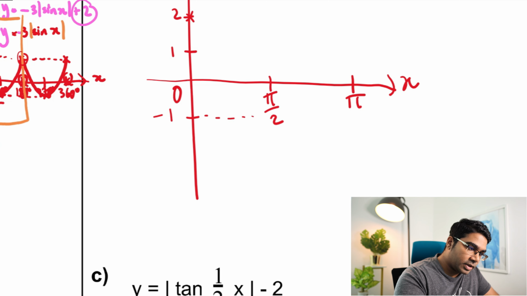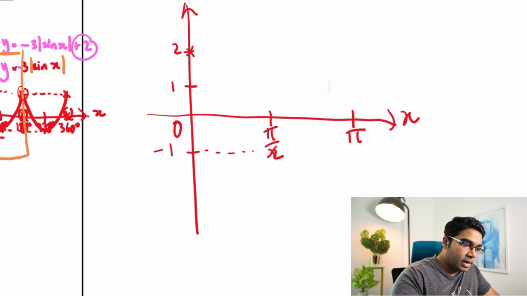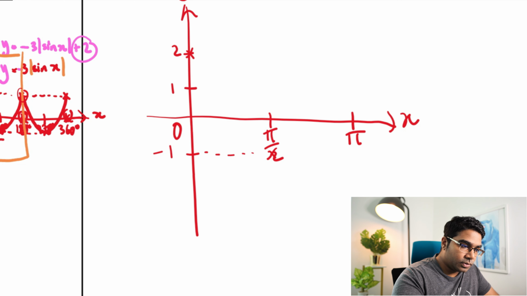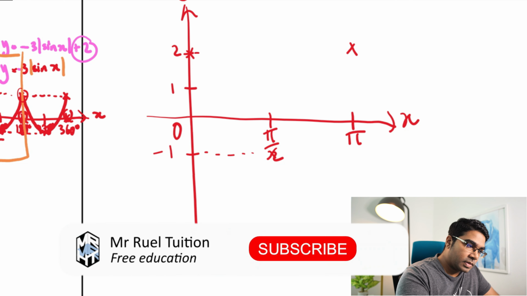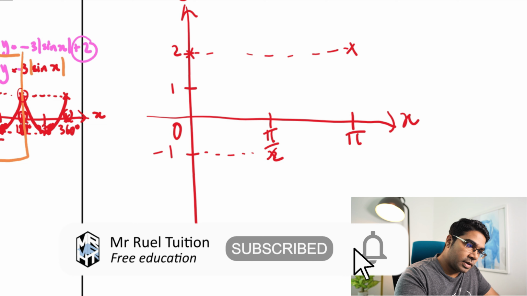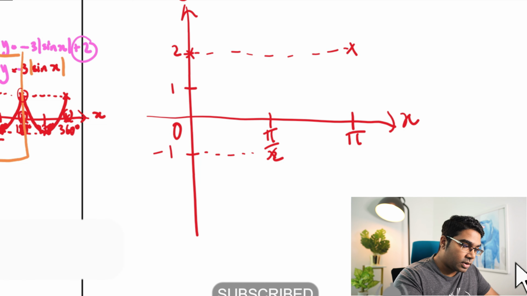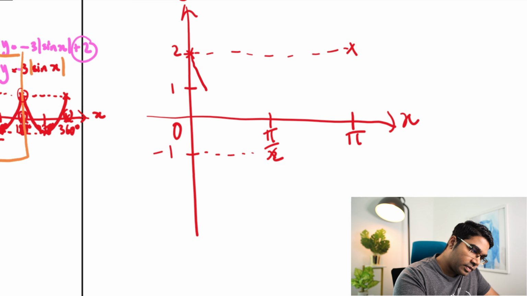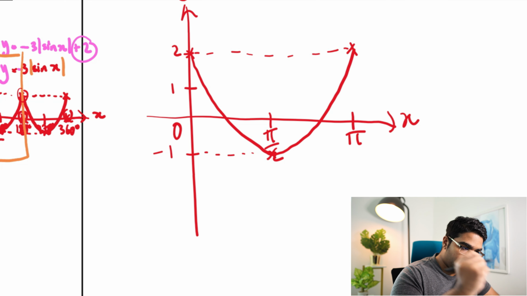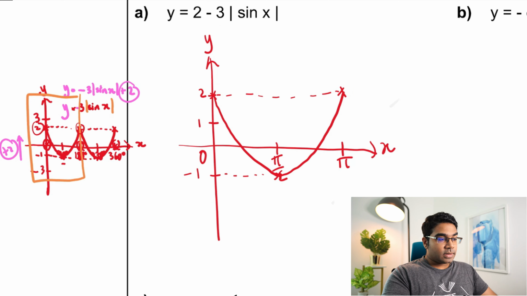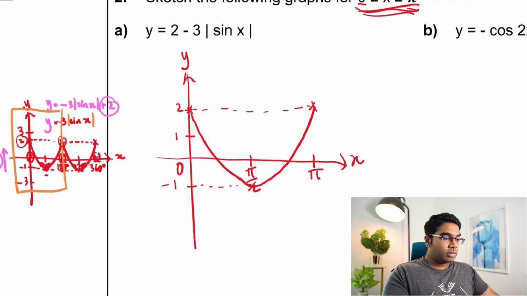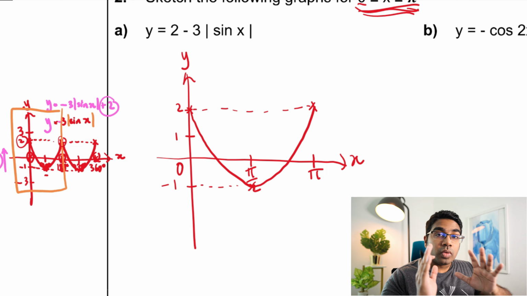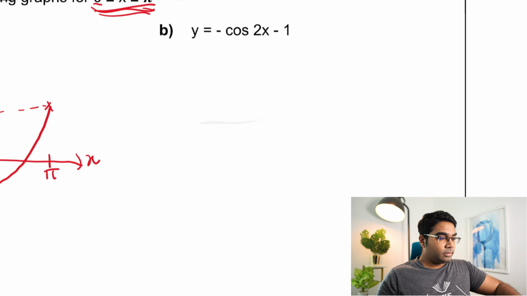So let's label the next point here, and then it should go back to 2. And this is how you label it. Now let's draw the graph, sketch the graph. So we go from 2 to negative 1 and then back to 2. And this is the graph of y is equals to 2 minus 3 modulus sine x for the range of 0 to pi.